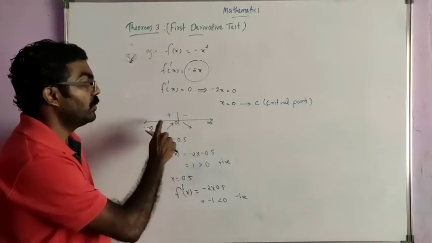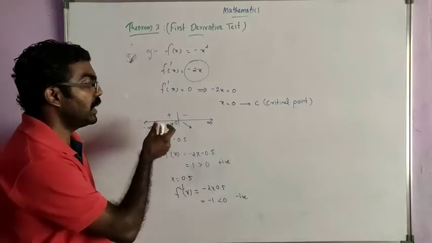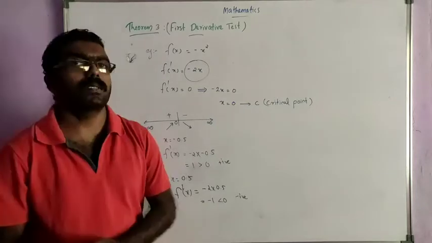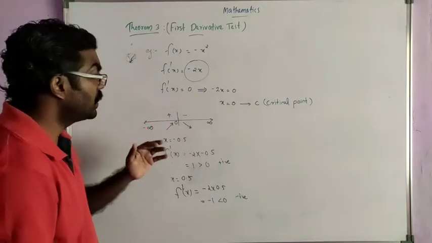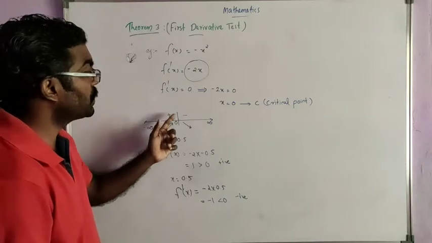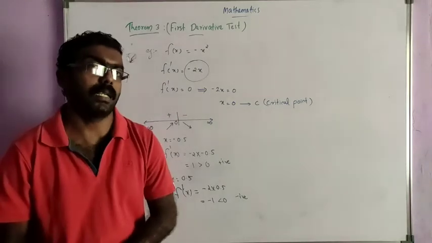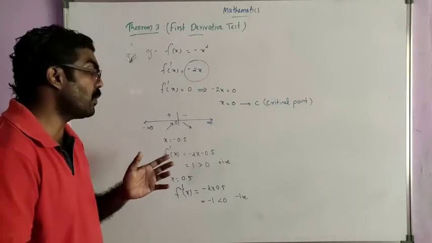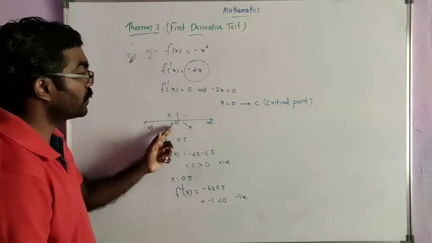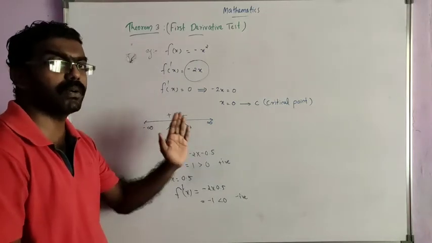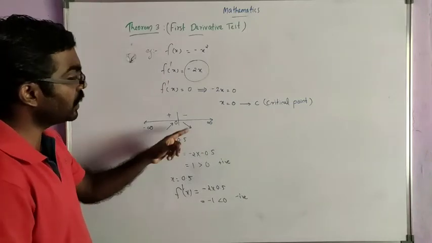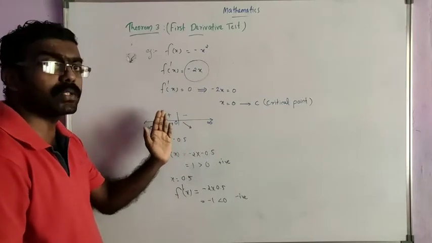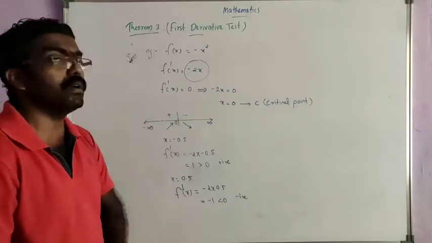So the change is from positive to negative as x increases through C. The sign of f dash of x changes from positive to negative as x increases through C. That means f dash of x is greater than 0 at every point sufficiently close to and to the left of 0, and f dash of x is less than 0 at every point sufficiently close to and to the right of 0.